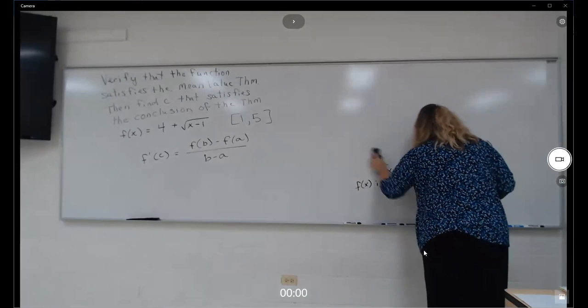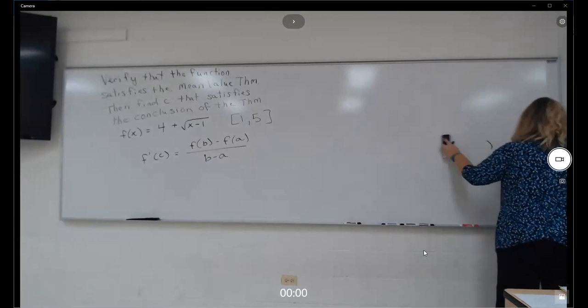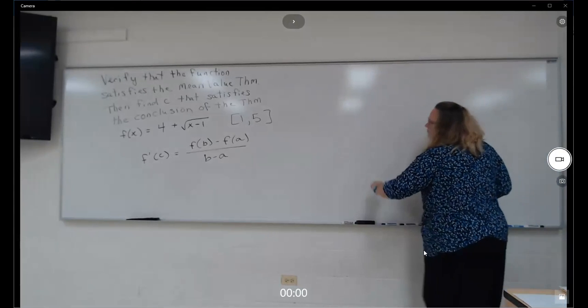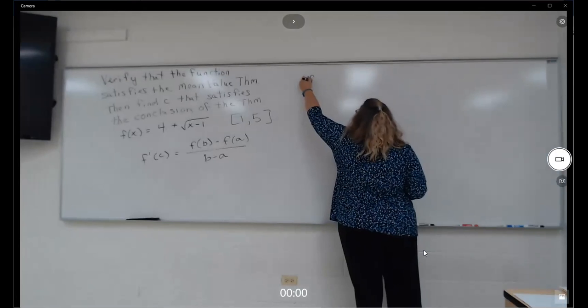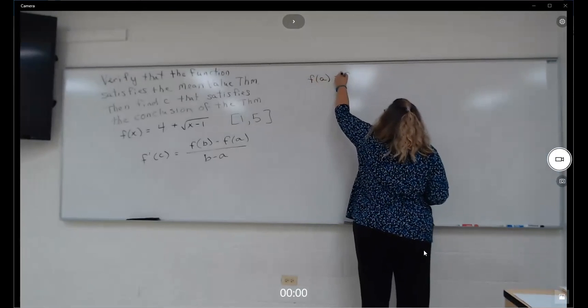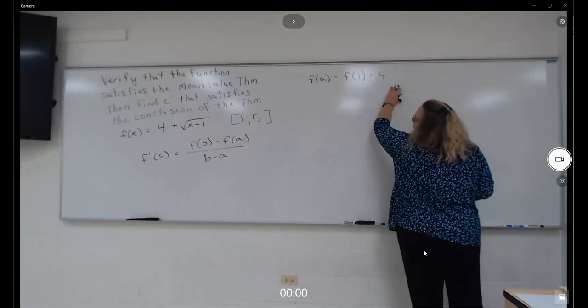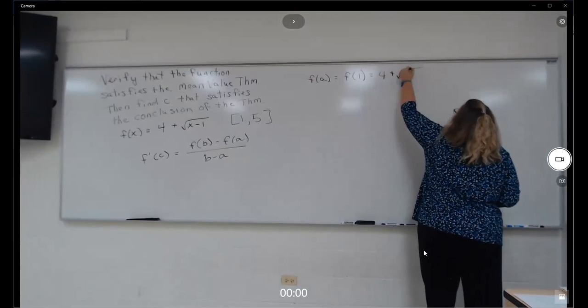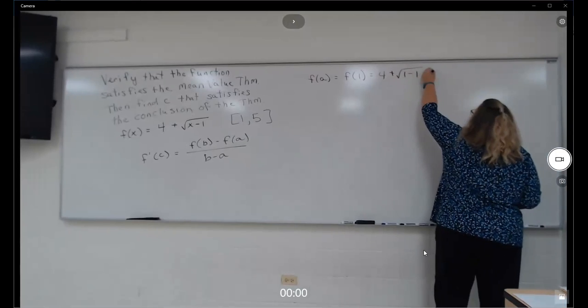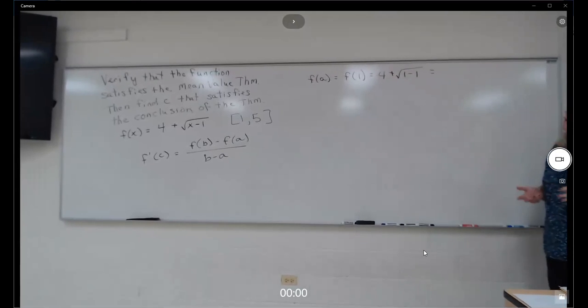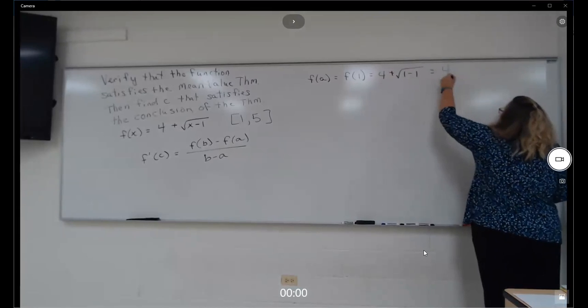So when x is 1, what is y? So technically we're finding f of a, which is f of 1. Okay. So 4 plus the square root of 1 minus 1. And that gives us square root of 0, which is 0. And so that gives us then 4. 4 plus 0.